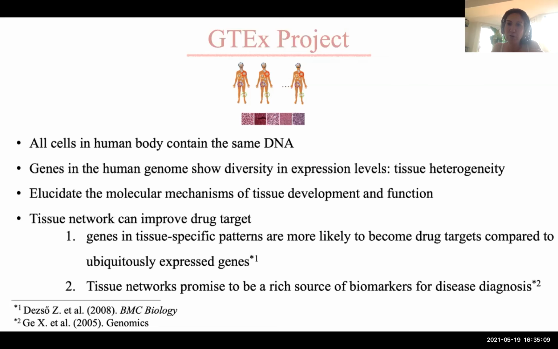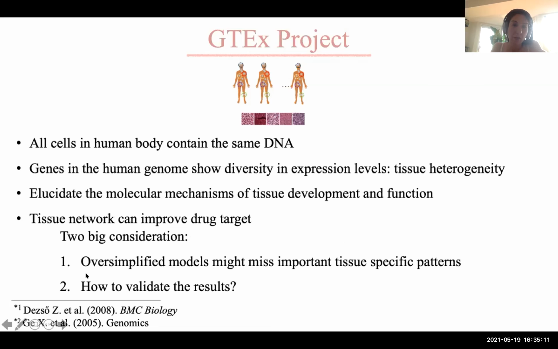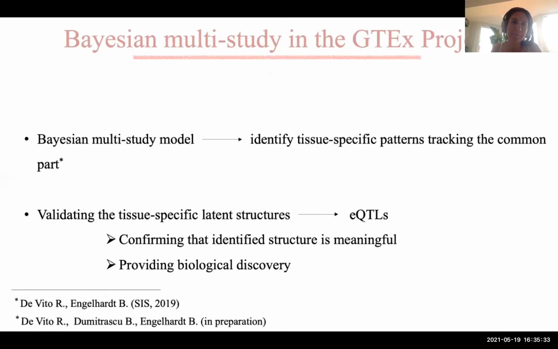So there are 2 considerations. The first is that oversimplified models can miss important tissue-specific patterns. And also, it is important to validate the result, and to associate this result to an important biological mechanism.